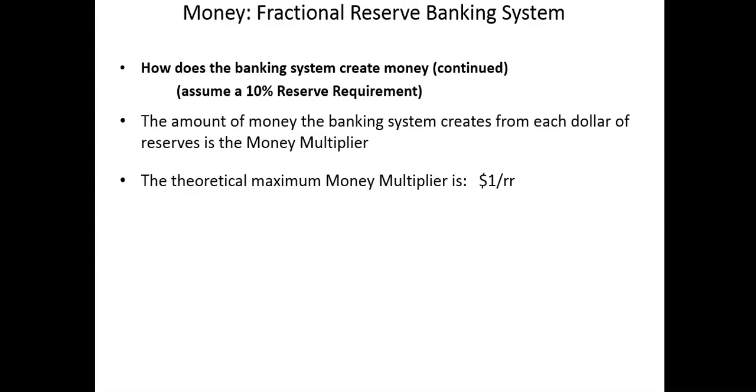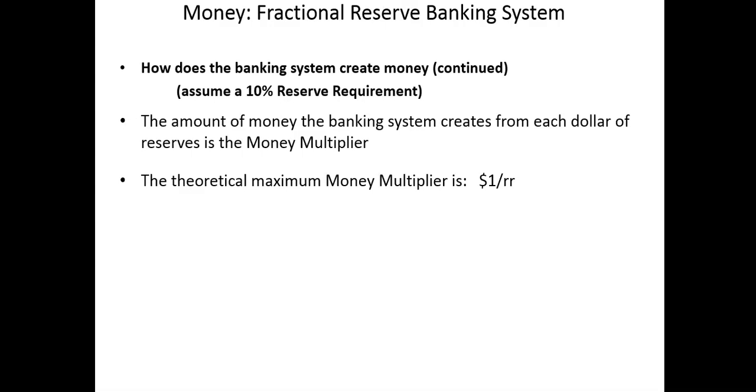Or I guess I should say the money multiplier could either be the theoretical maximum money multiplier, which is for every dollar, right, divided by the reserve requirement, or however many dollars we're talking about, how much could it be multiplied?